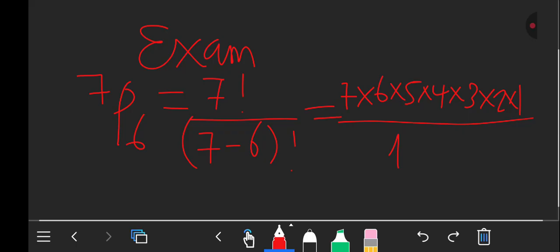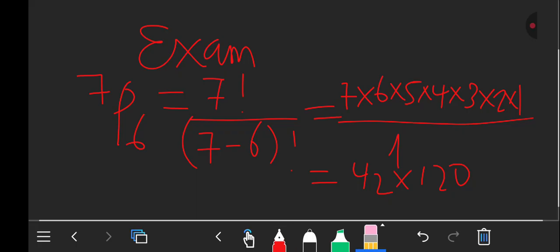So we can now multiply 7 by 6, that is 42, multiplied by 5 times 4, that is 20, 20 by 3, that is 60, 60 times 2, that is 120, 120 by 1 is just 120. So we just evaluate 42 multiplied by 120, divided by 1, is just 42 multiplied by 120.